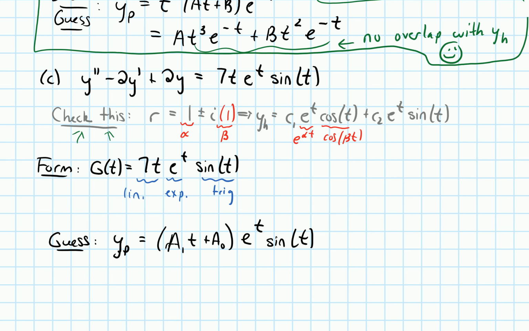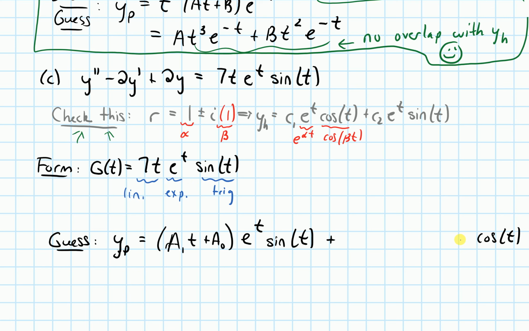But we might remember that when we had either sine or cosine on the right-hand side, in our guess, we needed both. We needed a sine term and we need a cosine term. That's still going to be true here. So I'm also going to need a cosine term. But this cosine term needs to be multiplied by everything that sine was.